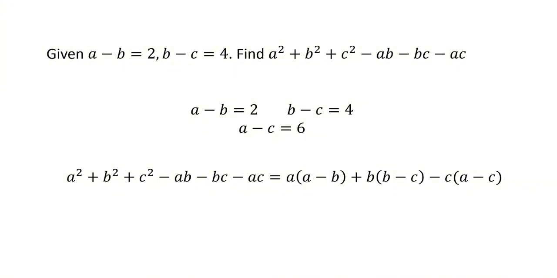Again, I can write a squared plus b squared plus c squared minus ab minus bc minus ac is equal to a squared minus ab. I can take a, so I write a into a minus b.